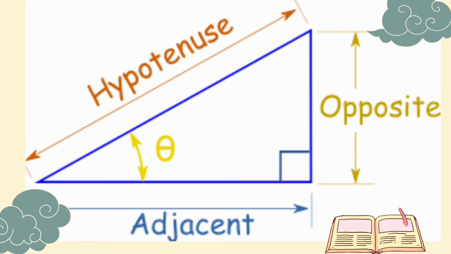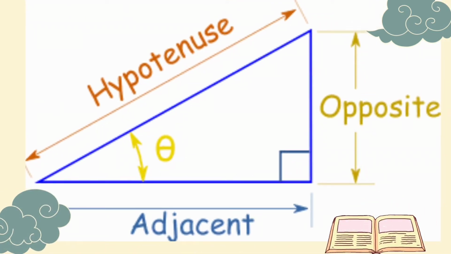Next, you identify the opposite side. The opposite side is the side that is opposite the given angle. Usually in any particular question, you will be given a particular angle. The side that is opposite that given angle is the opposite side, and the remaining side automatically becomes the adjacent side of the right-angled triangle.